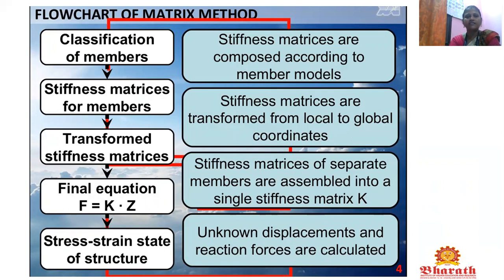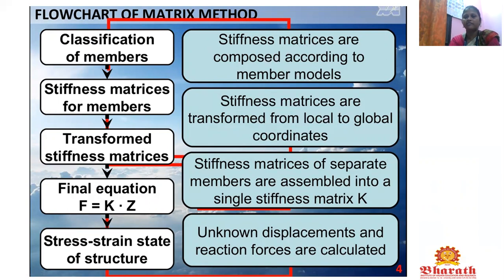In the classification of members, the stiffness matrices are composed according to the member models. After that, the matrices are transferred from the local to the global coordinates, forming the equation from the local to the global coordinates.